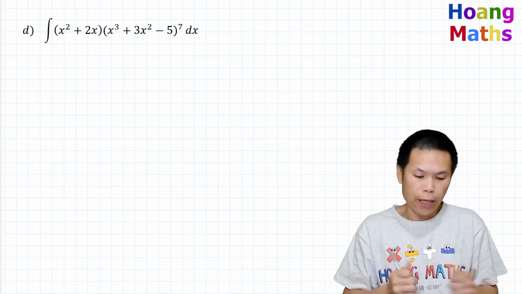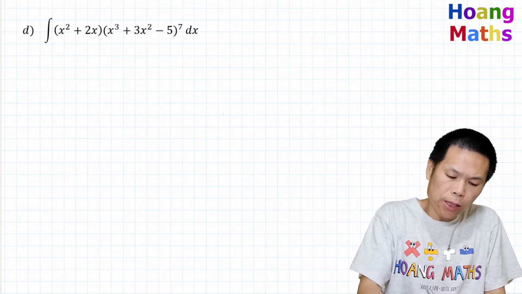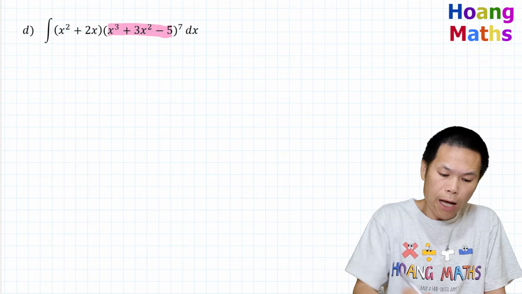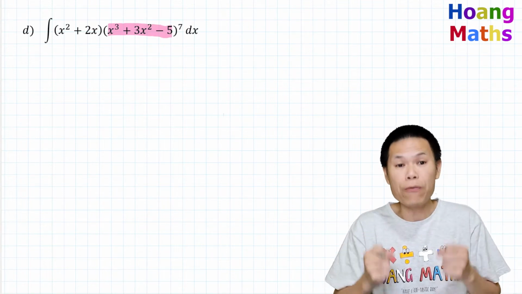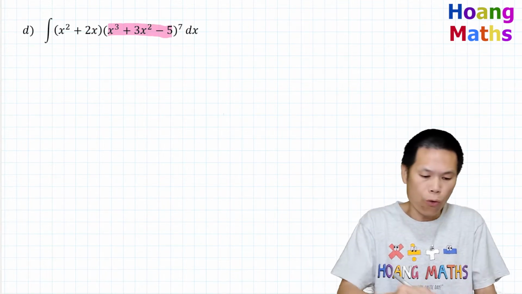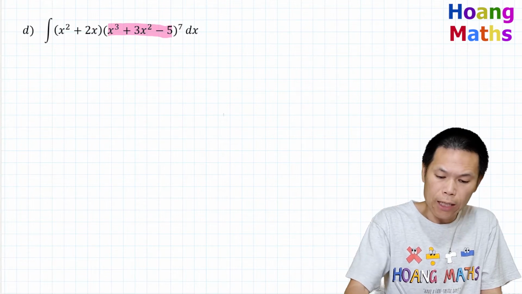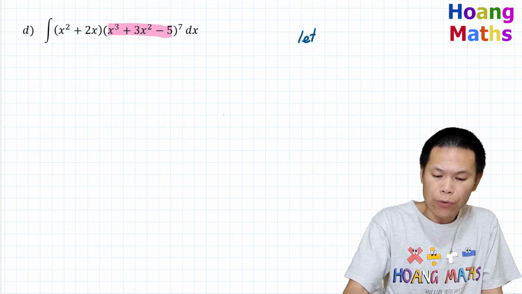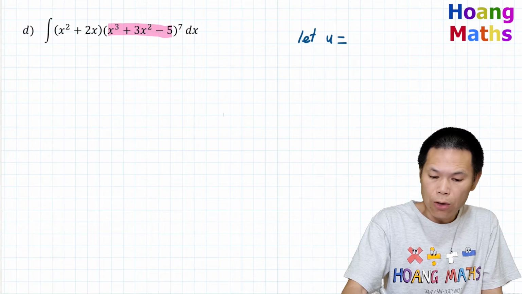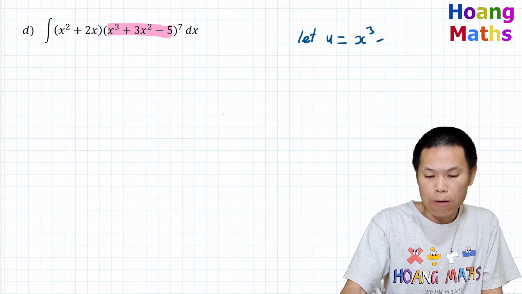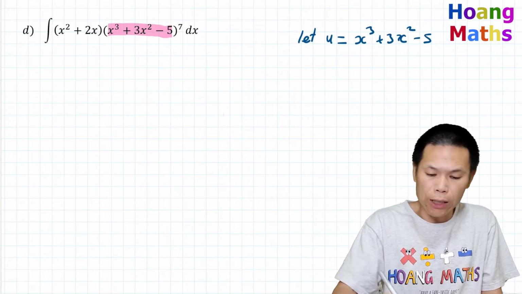Part D. Again, we know that x to the power 3 plus 3x squared minus 5 is to the power 7. So we let u be equal to that. Let u is equal to x to the power 3 plus 3x squared minus 5. And we differentiate this.